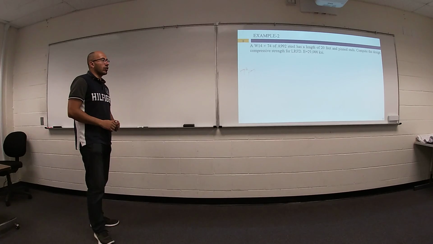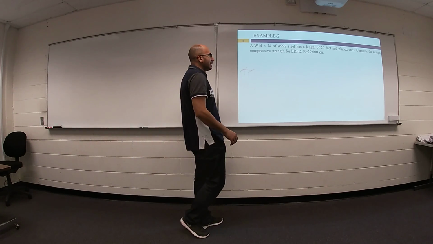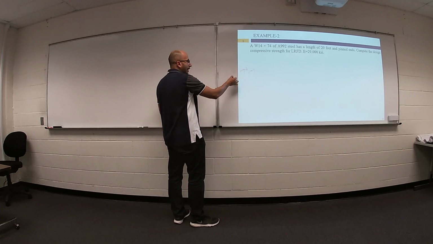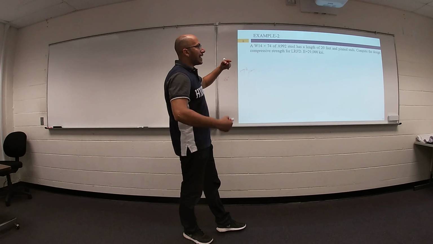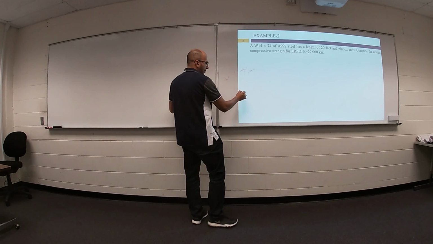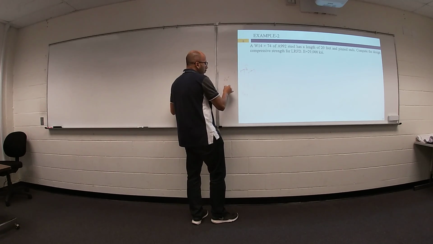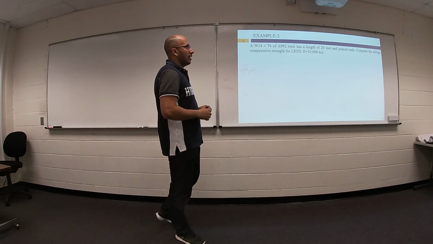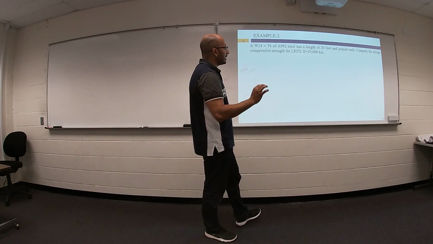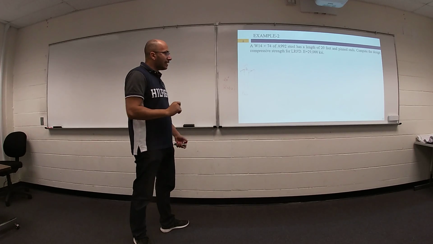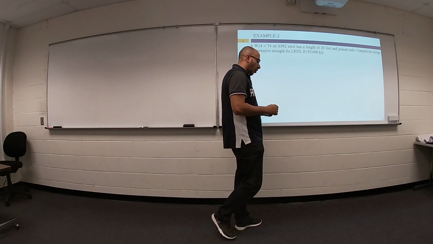Okay, let's do an example. We have a column, W14 times 74, made of steel A992, with a total length of 20 feet, and your column has pin ends, so your K factor will be 1. Calculate the design compressive strength according to LRFD, given E steel equal to 29,000 ksi.